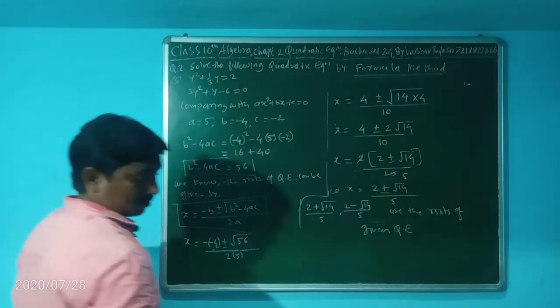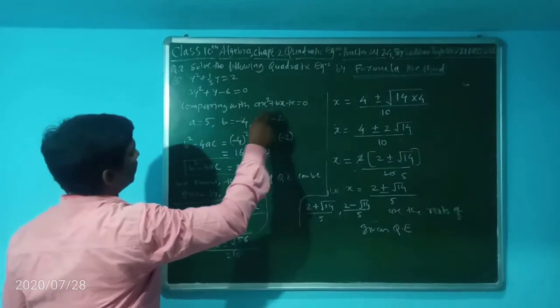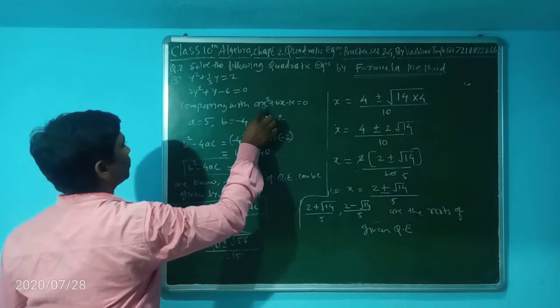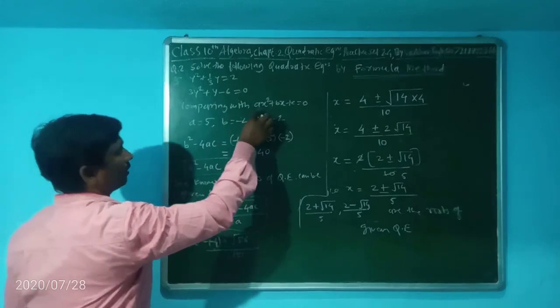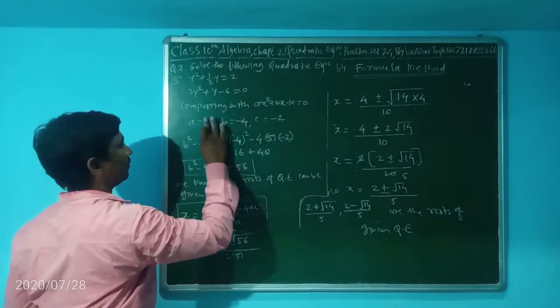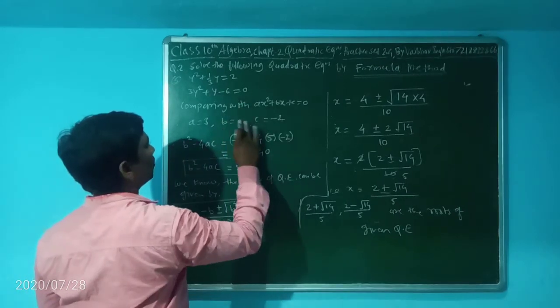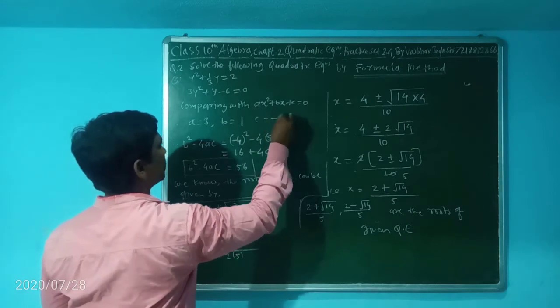Now compare with the general form, ax square plus bx plus c. Then you will find the coefficient of x square, and here the coefficient of y square. So the value of a will be 3, the value of b will be only 1, and the value of c will be minus 6.